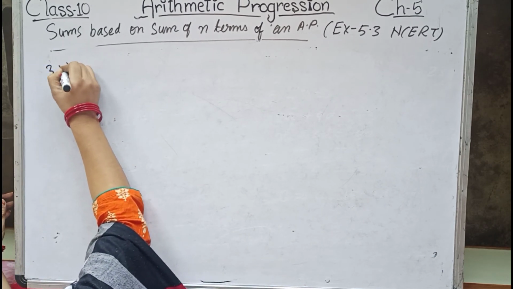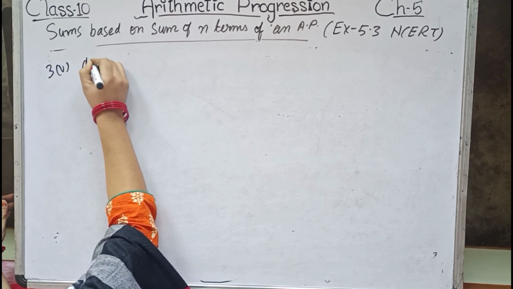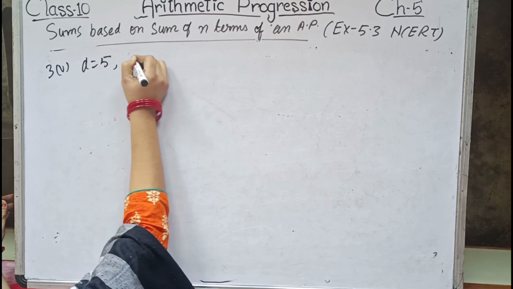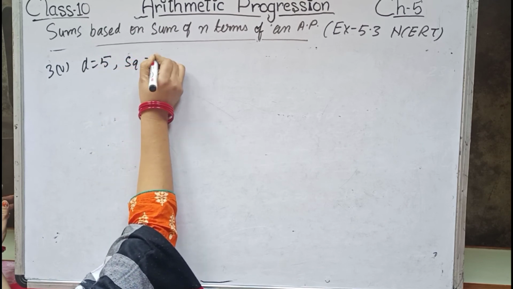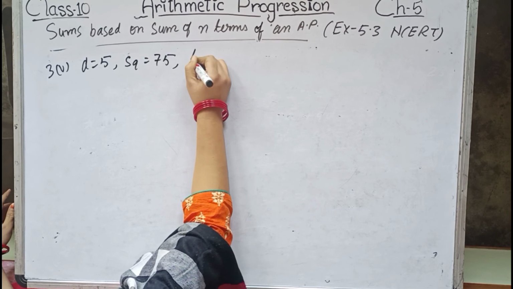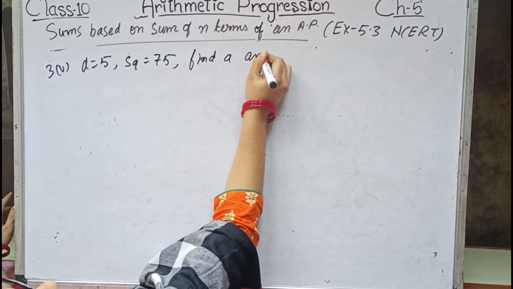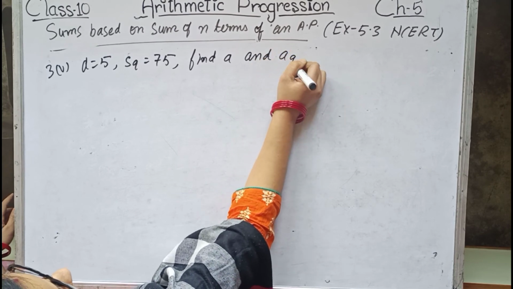Now 3 number 5. D is equal to 5, S9 equals 75, and we have to find A and A9.